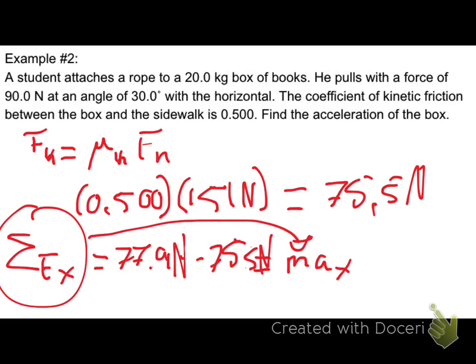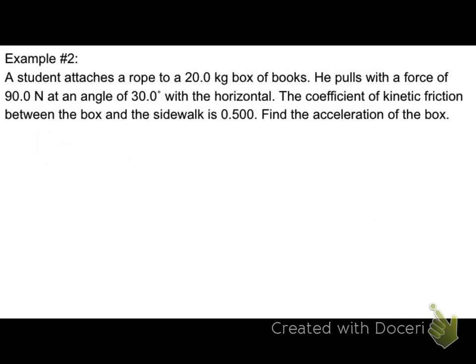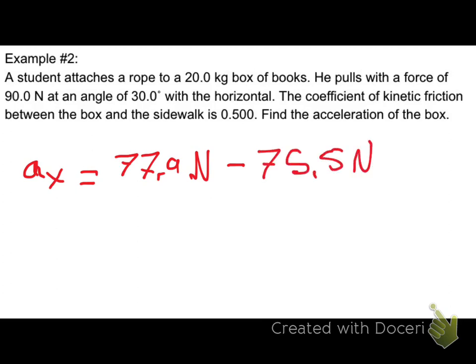And then the mass we know is 20 kilograms. So let me just try and clean things up here for you. Our final equation is going to be acceleration in the x direction is equal to that force applied that we had, 77.9, minus the force of kinetic friction, 75.5, all divided by the mass, which is 20.0 kilograms.